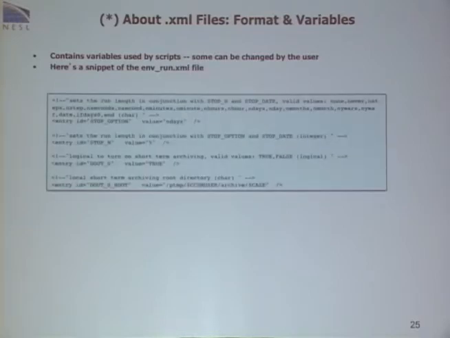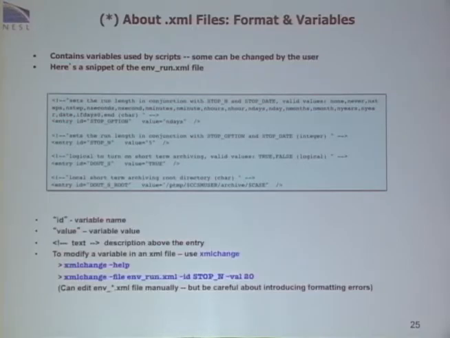So here's a section of env run, which is one of the ones that a user might change most often. You almost always want to change some of these specific options, like how long you're going to run the model for, basically what's right there. And so above each of them, there's just an XML comment that gives a description of what they are.